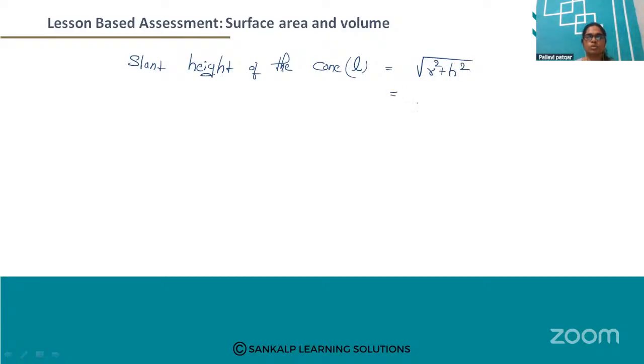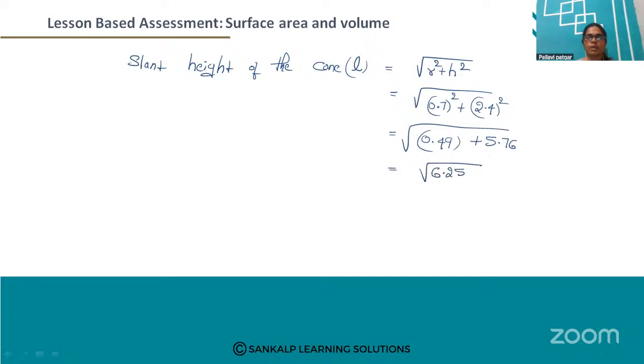This is equal to square root of 0.7 square radius plus height of the cone 2.4 square. 0.7 into 0.7 is 0.49 plus 2.4 into 2.4 is 5.76. Add this, you'll get square root of 6.25. So L is equal to 2.5 meter. This is the slant height of the cone.